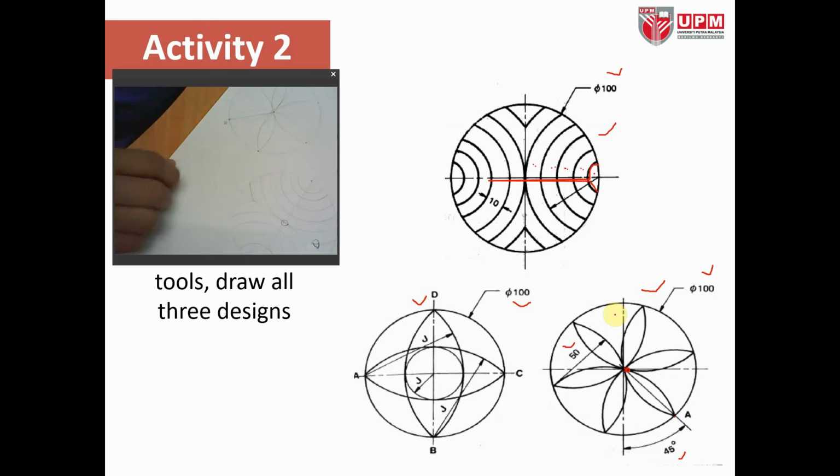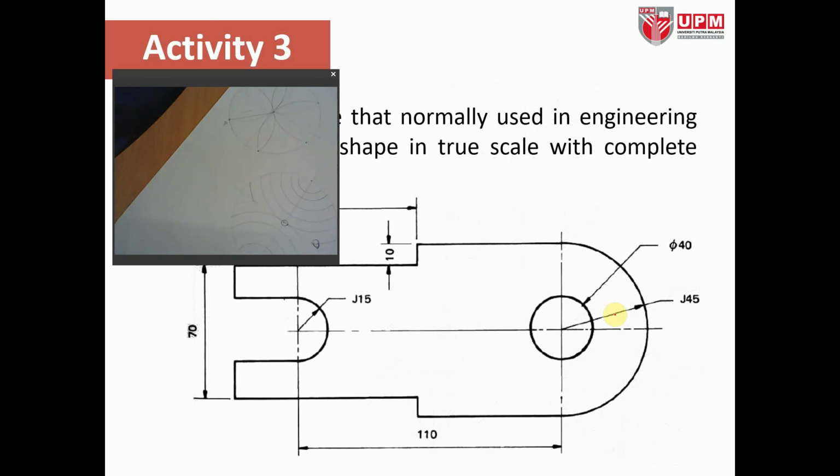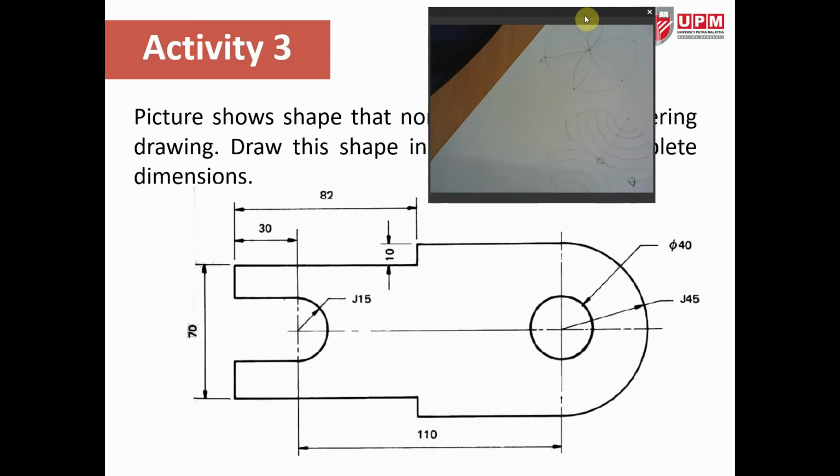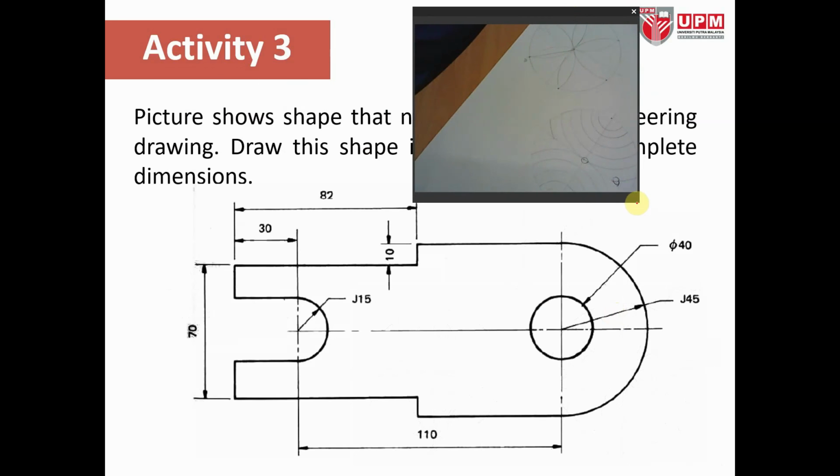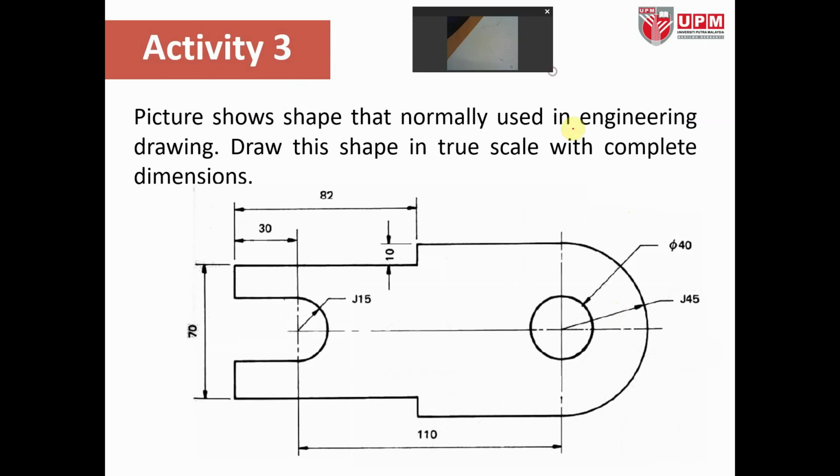Okay. So the next activity is to draw these drawings, which I'm not going to show because this is a bit straightforward. The dimensions are already stated, but I want to highlight where we should start. Basically you can start anywhere that you want.